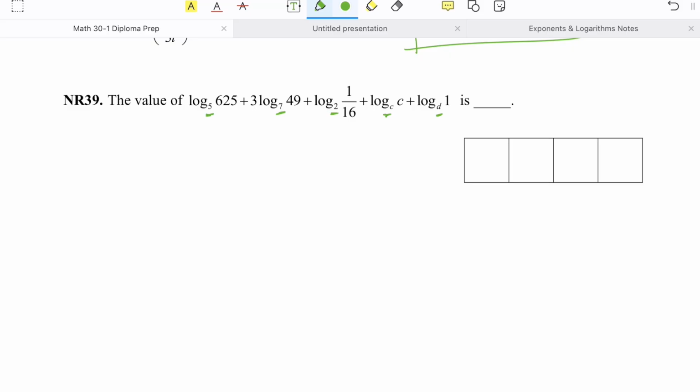Now remember, log base c of c is 1, and log base anything of 1 is 0. Just remember that, and other than that, you guys should be good for this question as well.